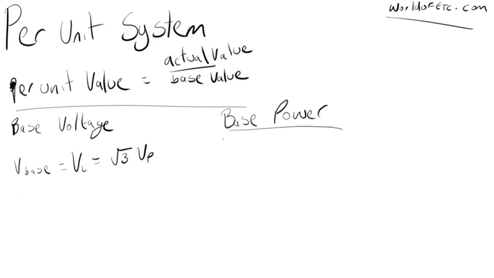Then you've got your base current, I base, which equals your base VA, which would be your base power, divided by root 3 times the base voltage, V base. So whatever you pick as your base VA, you have to keep that throughout the whole conversion.